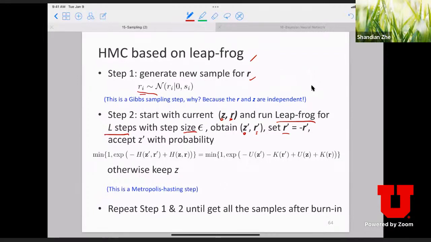Then we conduct the Metropolis testing. This is pretty straightforward. You just take a logarithm and take the exp. If this is accepted, then we use Z prime as our new sample. Otherwise, we keep Z. In this way, we finish one step of the HMC sampling, and we just repeat steps 1 and 2 until we get all the samples after the burn-in stage.